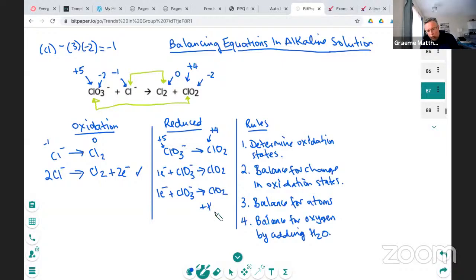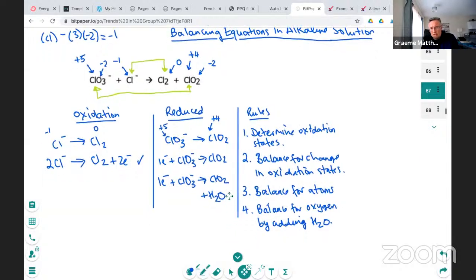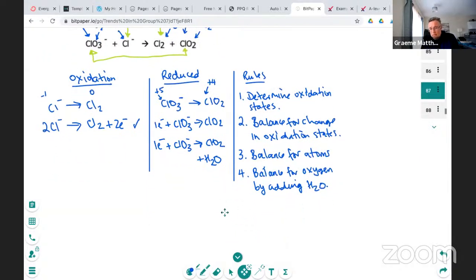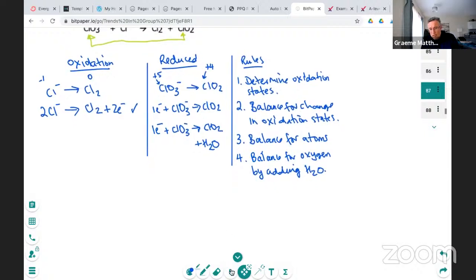Now you're thinking, okay, done this bit, so let's do the next bit. Balance the oxygens by adding water, correct. Well, now I need to balance for hydrogens by adding hydrogen ions.